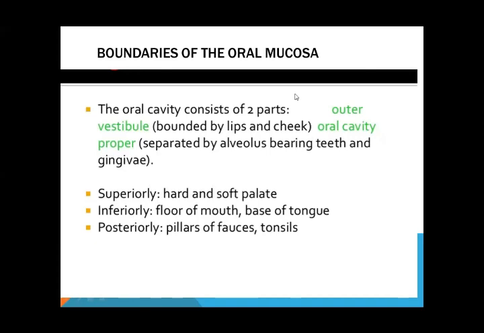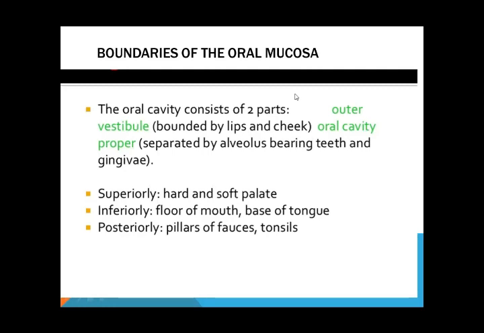Boundaries of the oral mucosa: there are two parts, the vestibule and the oral cavity proper. The outer vestibule is bounded by the lips and cheeks, and the oral cavity proper is separated by the alveolus bearing teeth and gingiva.